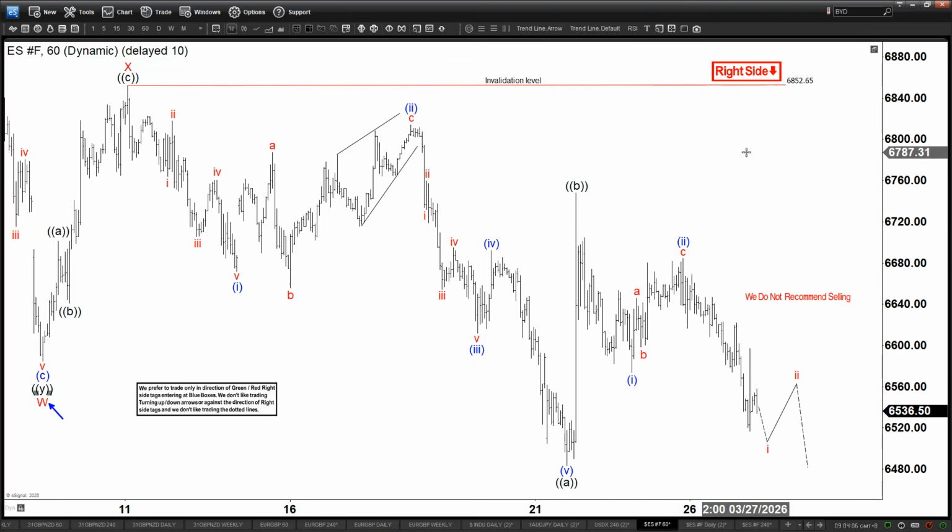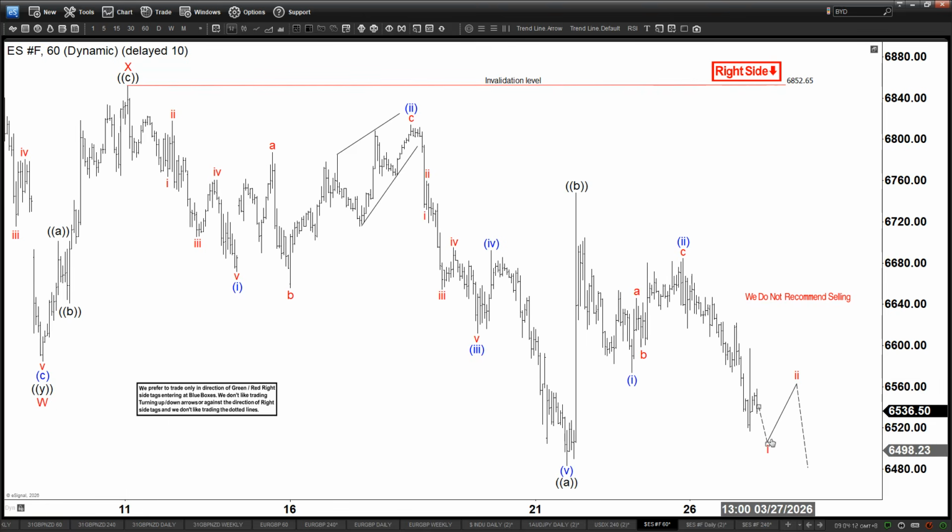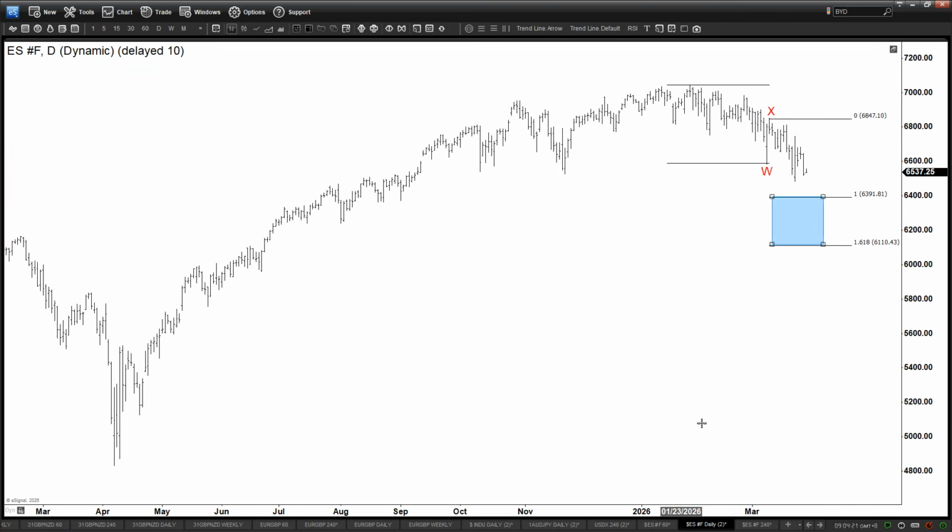And as long as we stay below the P, and more importantly below the X, we should see, or we could see, further downside extension now. And any rally short term is expected to fail in 3 swing or in 7 swing for further downside, with a potential target to 61.10 and 63.91.